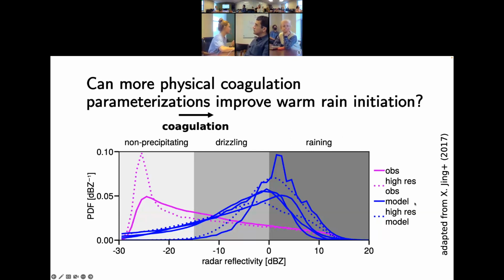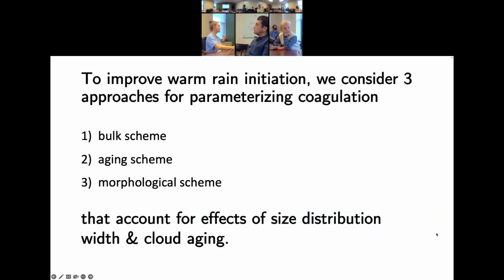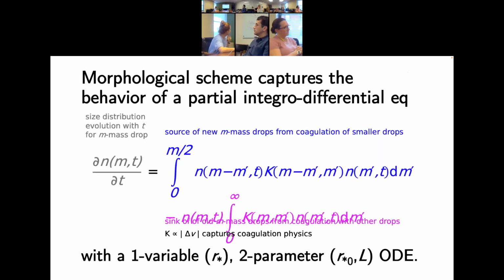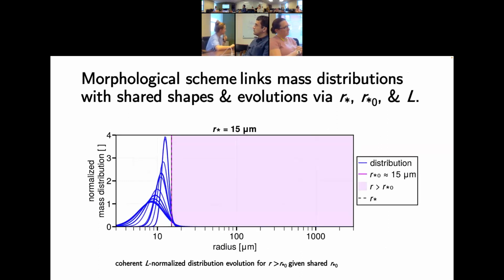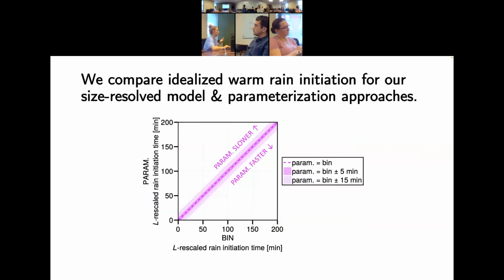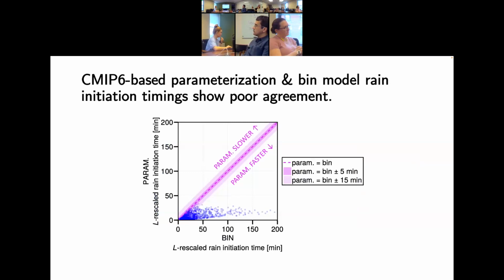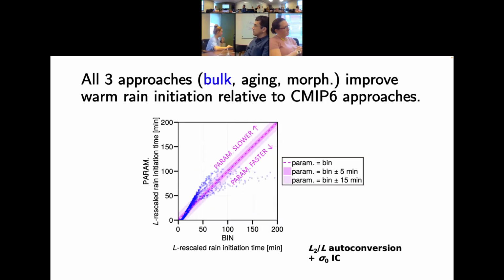Basically, we try 3 different approaches. One of them is basically Seifert and Beheng, but retuned to this bin model. And then 2 newer approaches. I'm just going to skip all of these. We basically find that we can do a lot better than the CMIP models.